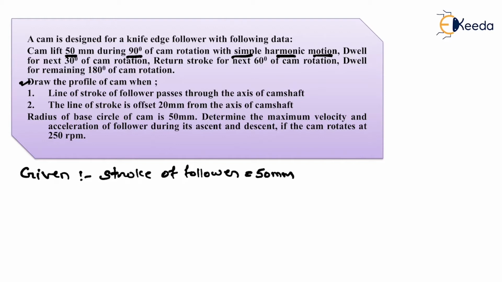And again outstroke is representing 90 degree. After that dwell for next 30 degree of cam rotation. So first dwell is 30 degree. Return stroke for next 60 degree.